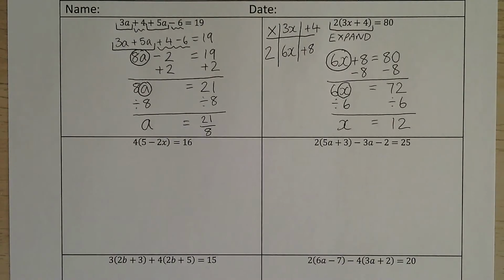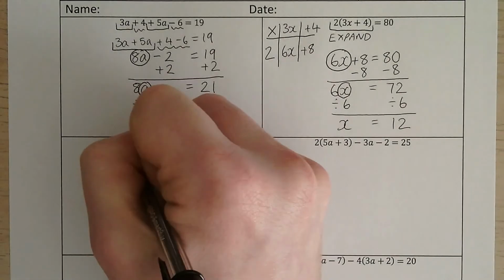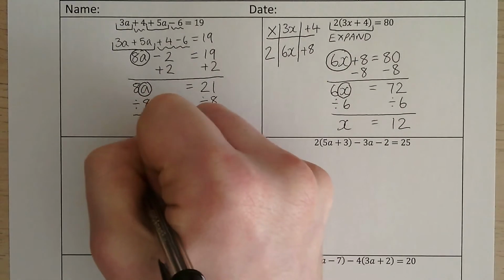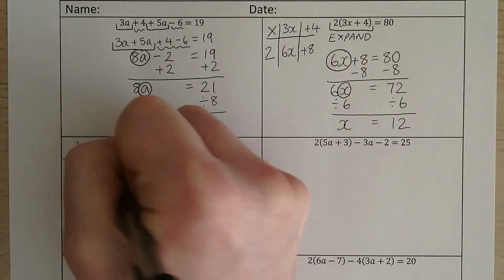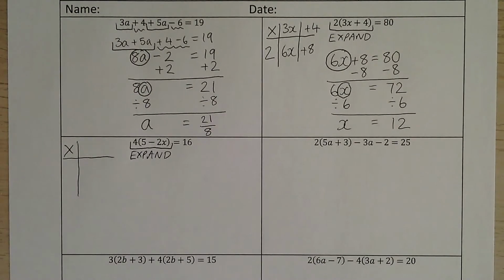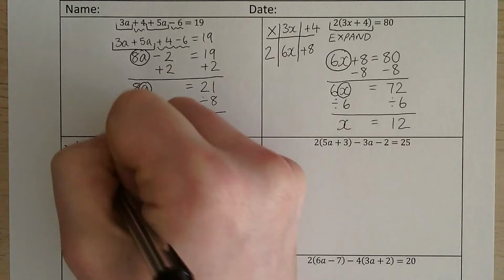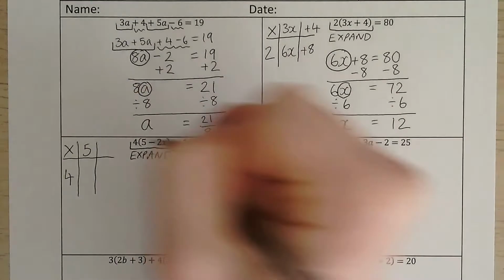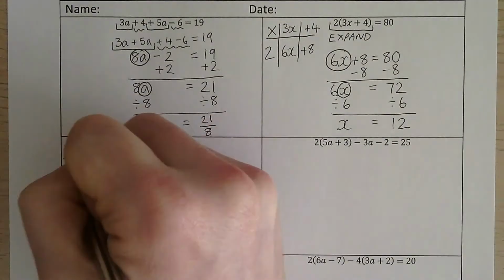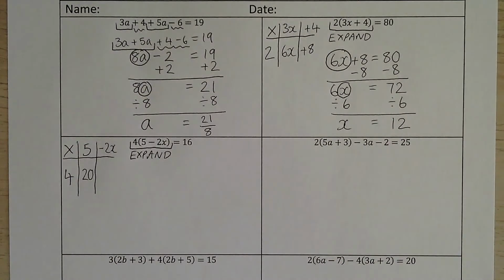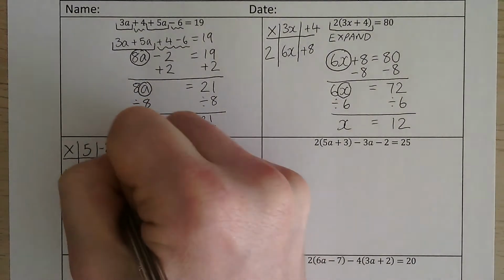Question 3 is going to be very similar, but we now have negative signs involved as well. We start off by expanding the bracket. So we draw a grid method to do this. 4 is on the left, and 5 and then minus 2x go across the top. 4 times 5 is 20, and 4 times minus 2x is going to give us minus 8x.